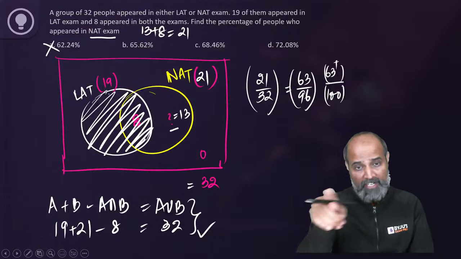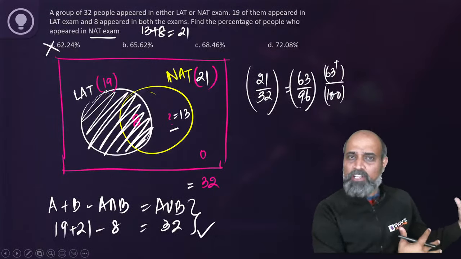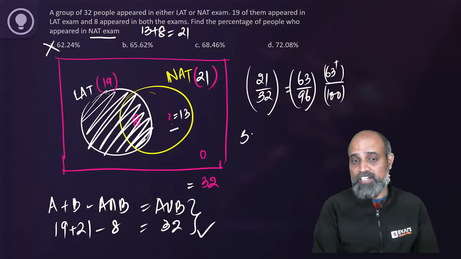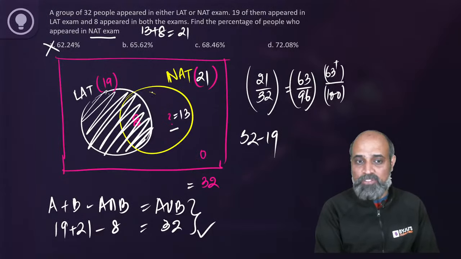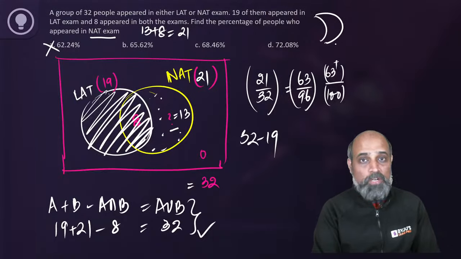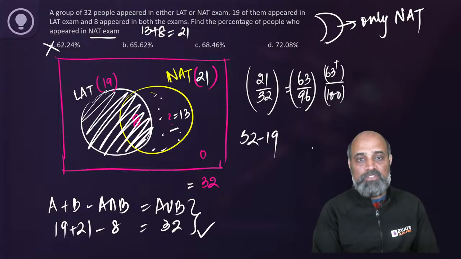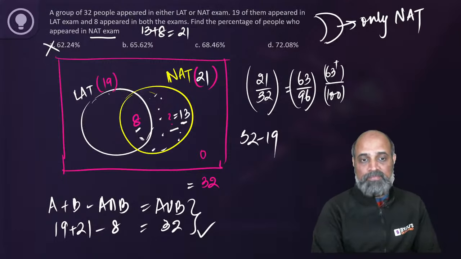That 8 is shared between both. Only LAT will not take it. NAT भी जाएगा. So when you remove 19 out of 32, पूरे में से अगर आपने 19 हटाया तो ये जो रीजन जो आपको बचा ना, ये चांद शेप का, इसको NAT नहीं, इसको only NAT बोलते हैं. So only NAT will become 13. NAT will be 13 plus 8. ठीक है?